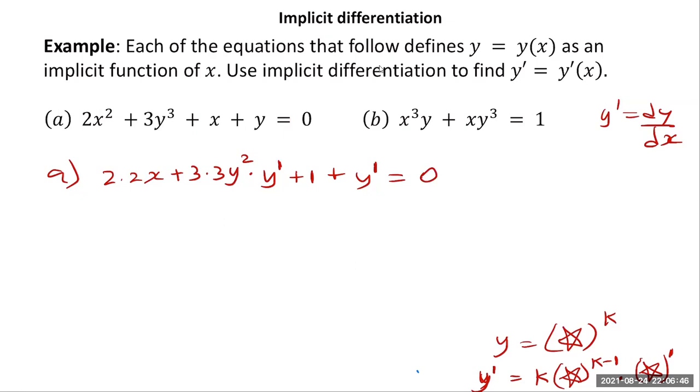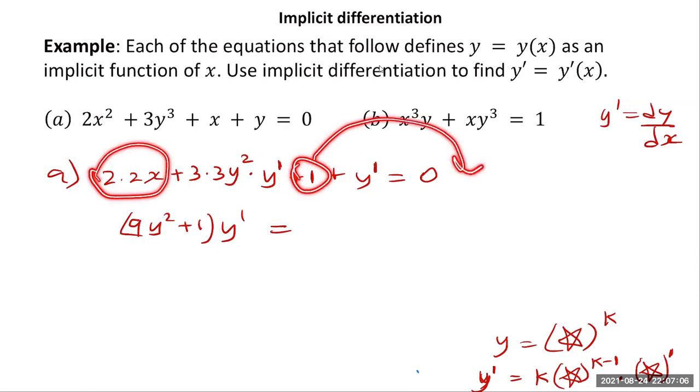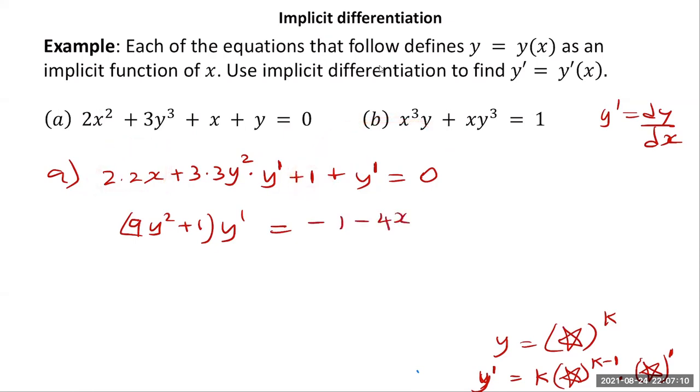Now remember, my goal is to find y prime. Now I'm going to pull out y prime from these two terms. If I pull out y prime, you get 9y squared plus 1 times y prime. And at the same time, I'm moving these two terms to the other side. Then you get minus 1 minus 4x.